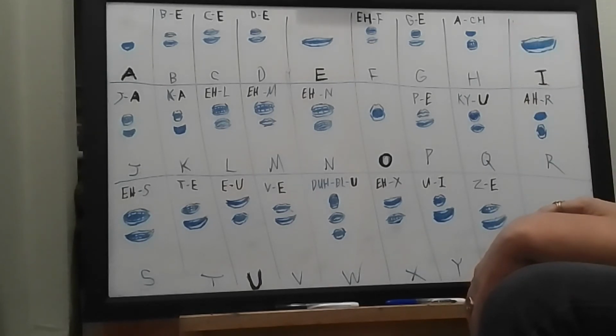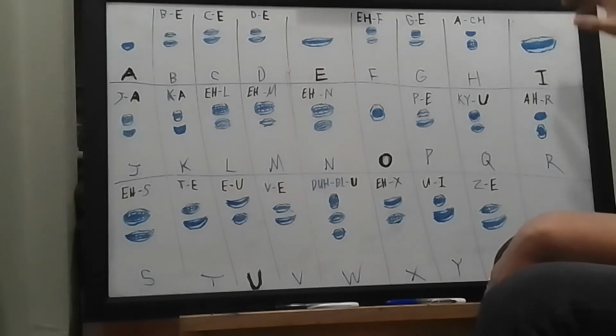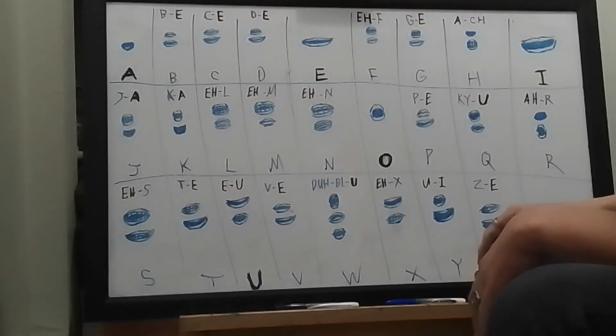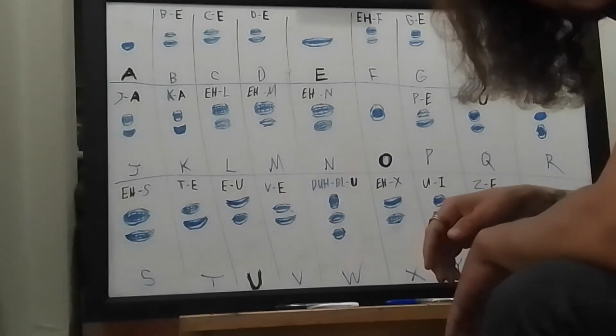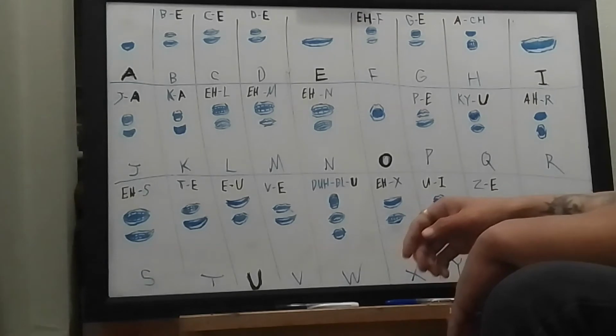Open like A, ch. Then I. So this is more open than E, but not quite as widespread as A, right? I, A, like that, you see?